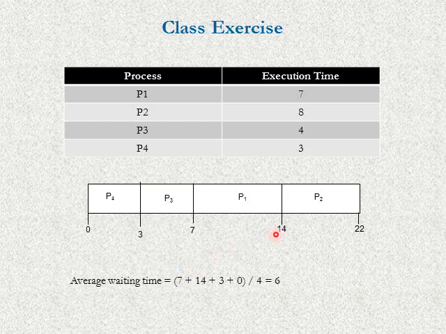For P2, 14 minus 0 is 14. For P3, 3 minus 0 is 3, and for P4, 0 minus 0 is 0. If we add them together and take their average, we get 6 as the average waiting time for this particular exercise.